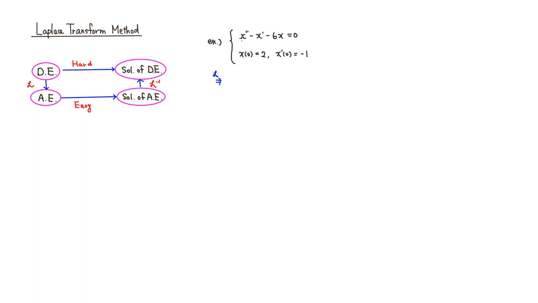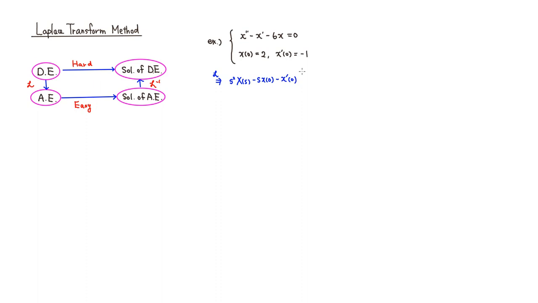If you take the Laplace transform of the second derivative, we know that we're going to get s squared capital X of s, where this is the Laplace transform of x, minus s times x of 0 minus x prime of 0.